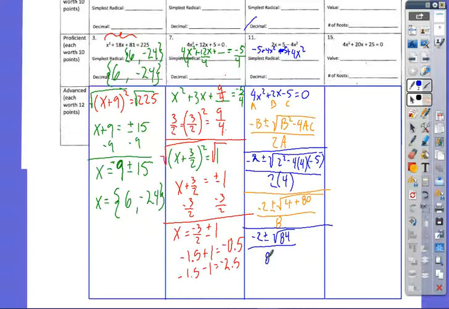But wait a second. You know that the square root of 84 has a perfect square factor, doesn't it? So I'm going to go over here. The square root of 84 can be described as the square root of 4 times the square root of, I think it's 21. I do not think 16 and 5 equals 84.